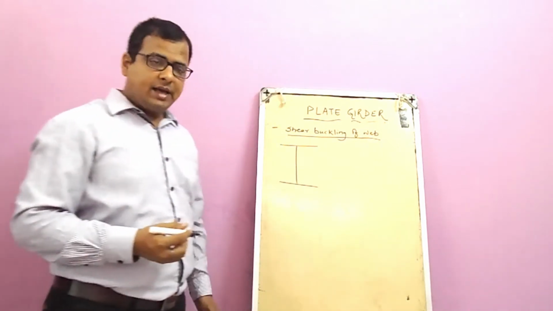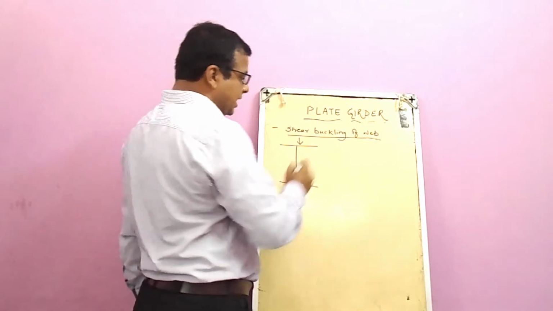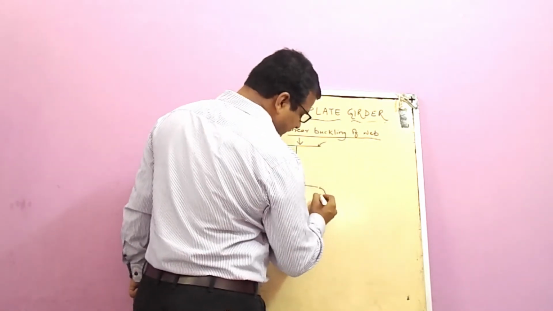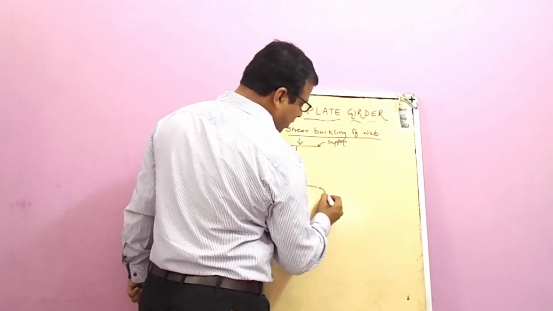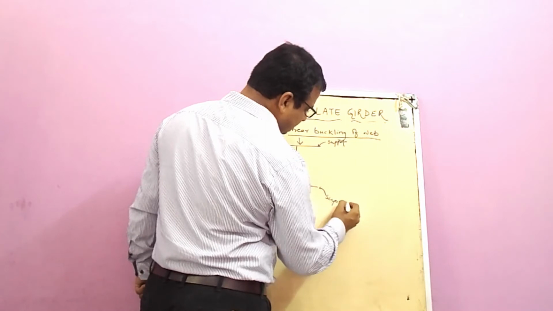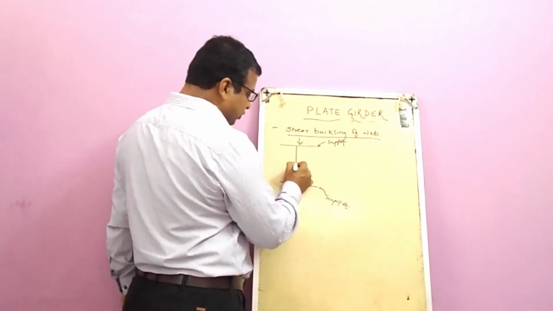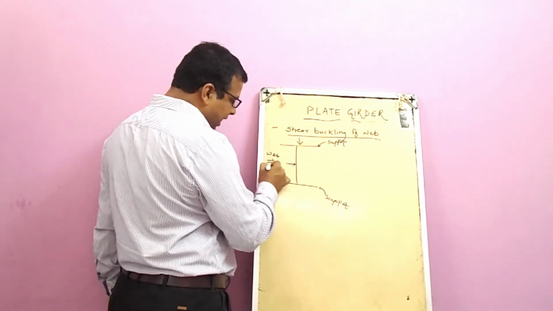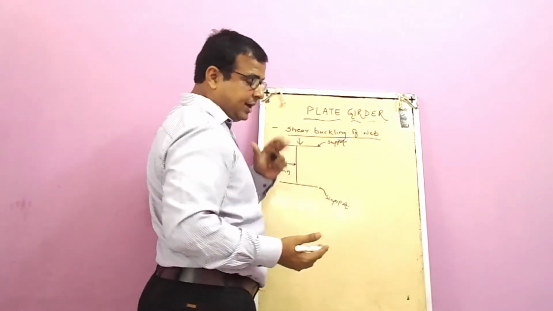Now due to excessive load, suppose loading is acting here, these flange plates will act as a support and this web plate will act as a column if the height is greater.